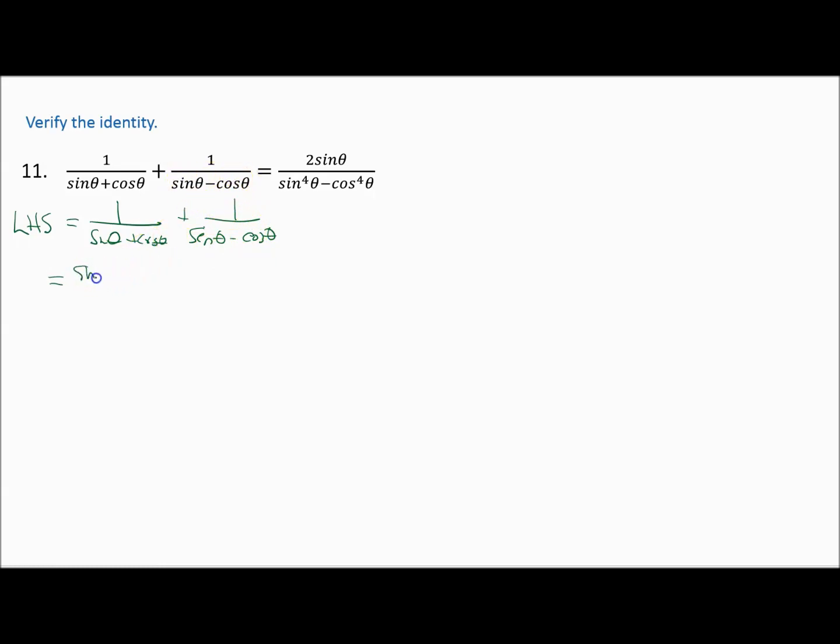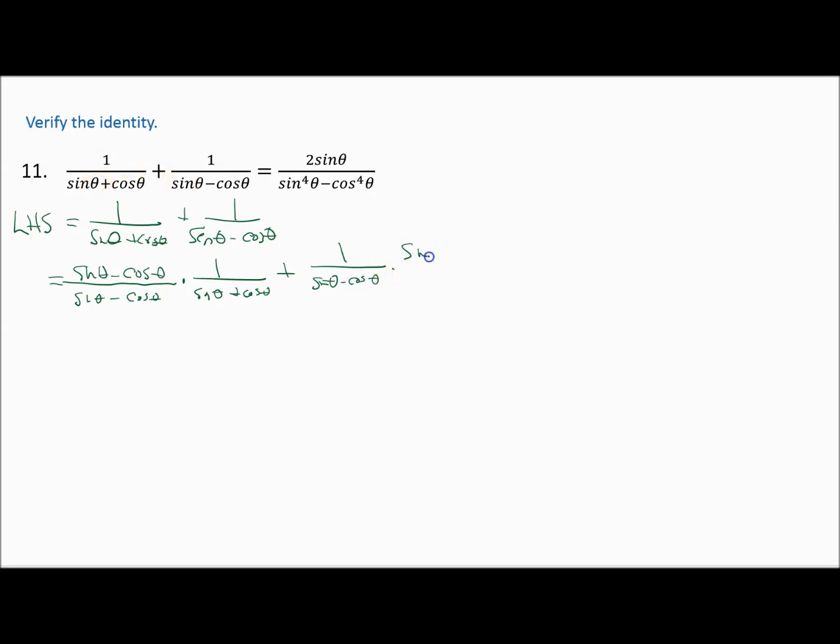So I've got sine of theta minus the cosine of theta over sine of theta minus the cosine of theta, I'm trying to write small, times 1 over the sine of theta plus the cosine of theta. Plus, and I've got this fraction, 1 over the sine of theta minus the cosine of theta times the opposite.